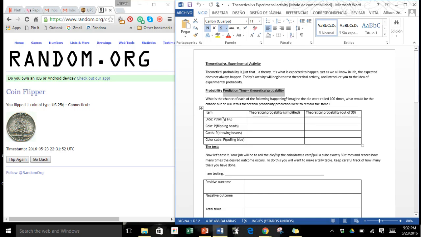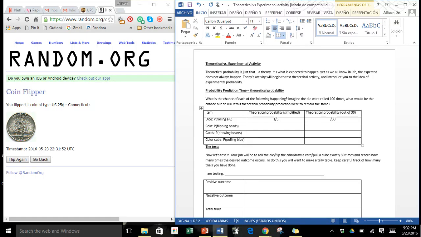So, let's take a look at this table. Let's fill it out together. What is the probability of rolling a 6 if we have a die? Well, as we know from Friday's practice, it's 1 in 6. What if that was out of 30? So to make a fraction out of 30, I would have to multiply the bottom by 5.